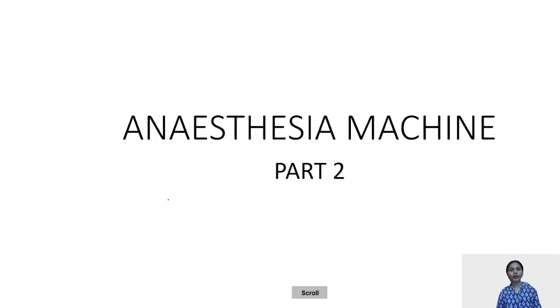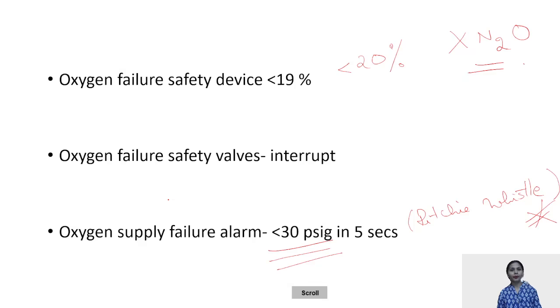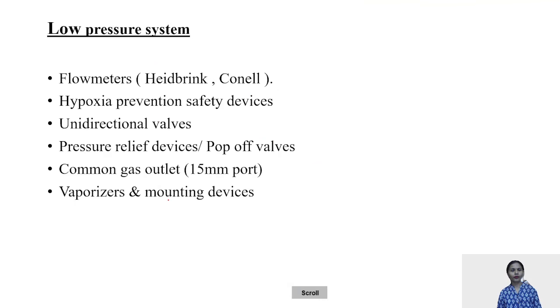Now talking one by one about your low pressure system. Your low pressure system consists of your flow meters, your hypoxia prevention safety devices, your unidirectional valves, pressure relief or pop-off valve, the common gas outlet which is 15 millimeters, and then your vaporizers and your mounting device, that is your Tec bar.